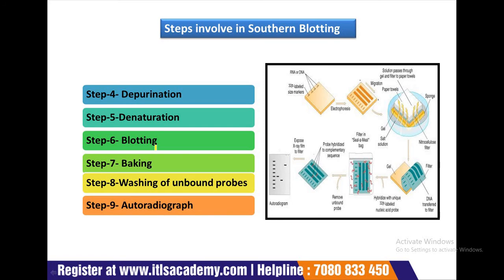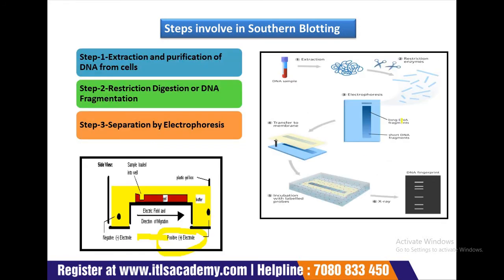You can see this process in this picture. Blotting technique: after electrophoresis and denaturation, the denatured fragments are transferred onto the nylon membrane. This is the nylon membrane, or nitrocellulose filter membrane, which is done by placing the gel on top of buffer saturated filter paper.